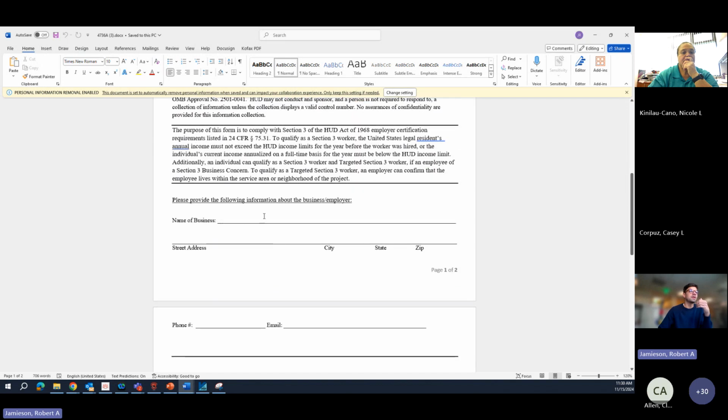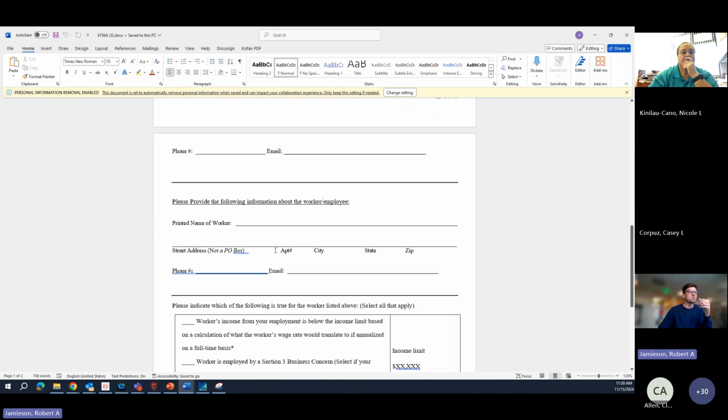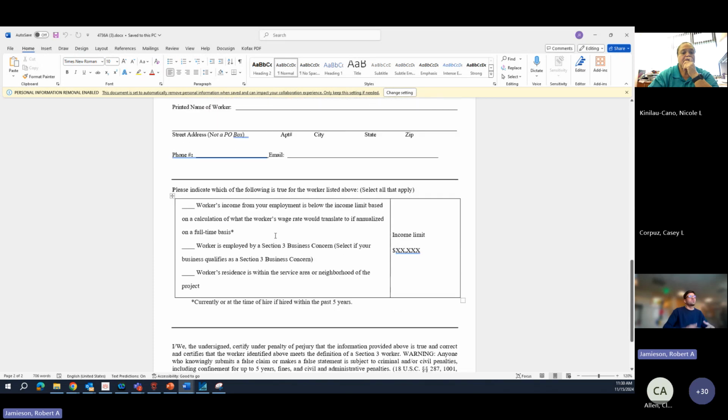So this would be the name of the business, address, and information on who this worker is, and if this worker has been employed by this business for X amount of time, or if they're able to annualize their income over the 12-month period, they can say that yes, this worker's income from your employment is below the income-based limit for Honolulu County.